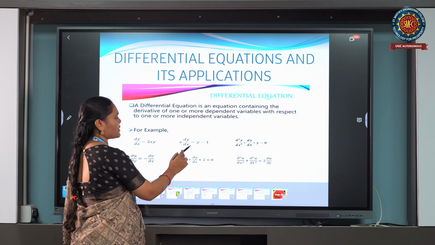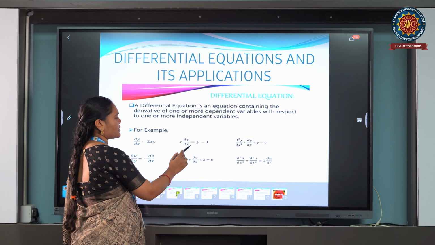Now the solution of this equation: first of all we write down what is given here. Given that dy by dx is equal to under root of 1 minus y square by under root of 1 minus x square. Now bring this to this side, then dy by under root of 1 minus y square is equal to, the denominator sent to that side, dx upon under root of 1 minus x square.